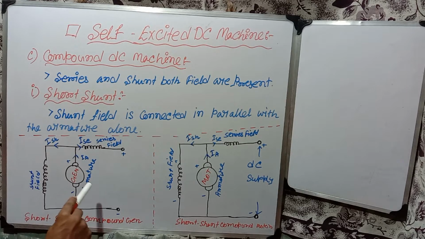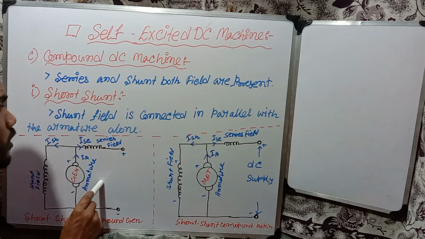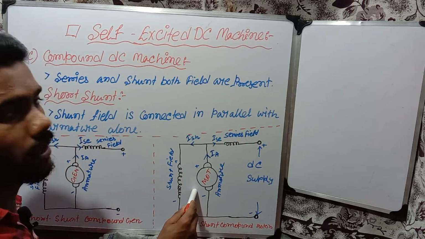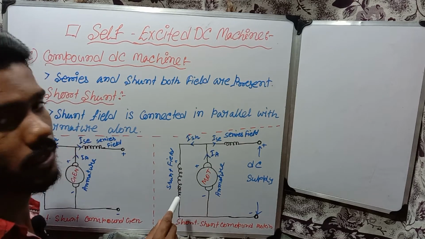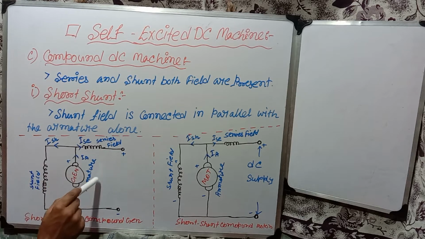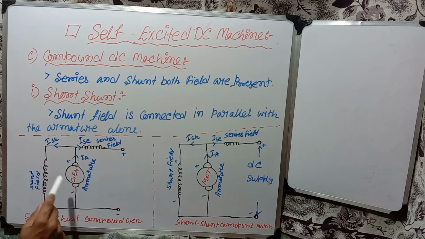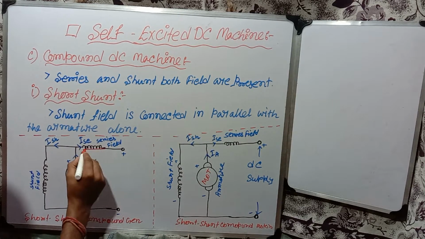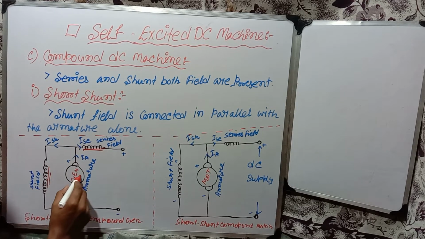So here we can see this is a short shunt compound DC generator and this is a short shunt compound DC motor. In this DC compound short shunt generator diagram, we can see this is a shunt field, this is a series field, and this is the armature.